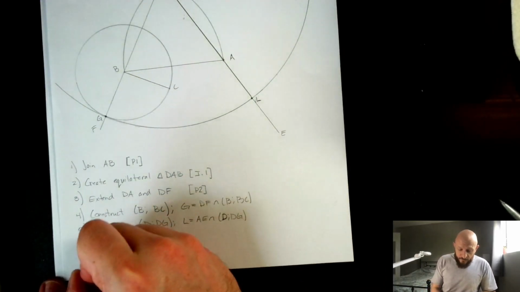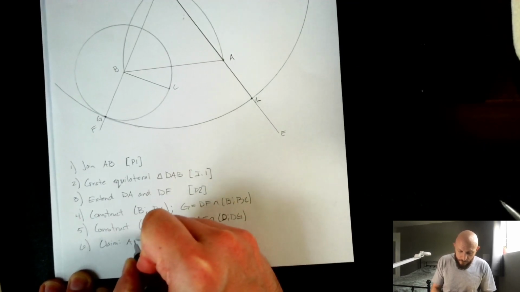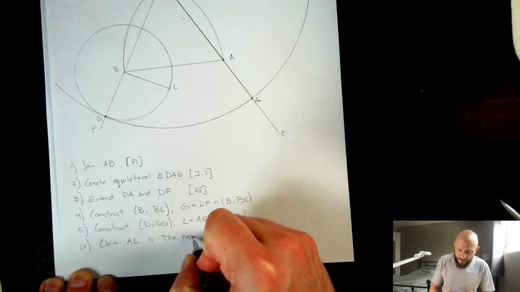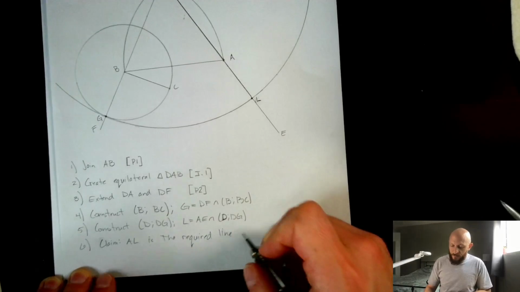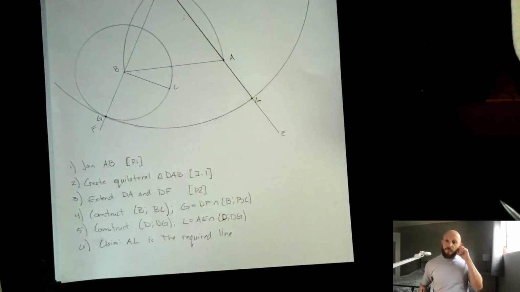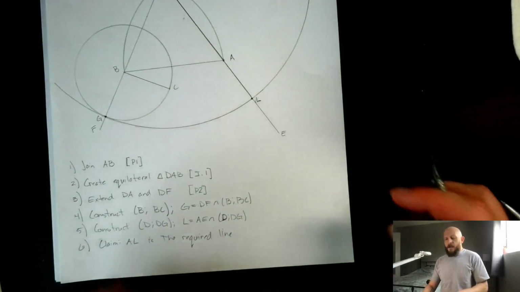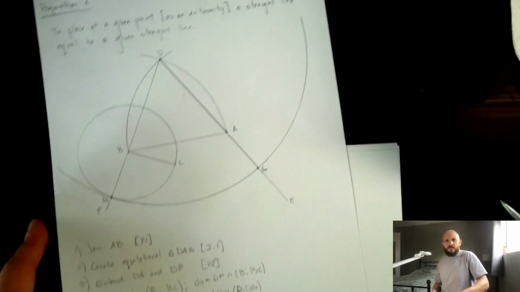And then step 6, claim: AL is the required line. In other words, AL equals BC. And hopefully you're saying, yeah, well, how do we know it? Yep, once again, that's exactly what Euclid was anticipating you to say.